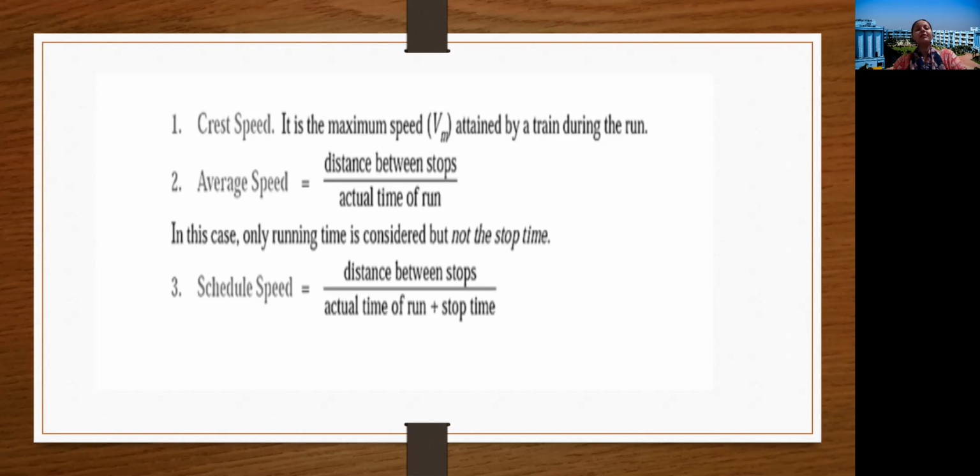Similarly, for braking retardation, in case of acceleration, if acceleration is higher, actual time of run will be reduced and schedule speed will be higher. But in case of braking, if braking time is larger, actual time of run will be higher and schedule speed will be reduced.